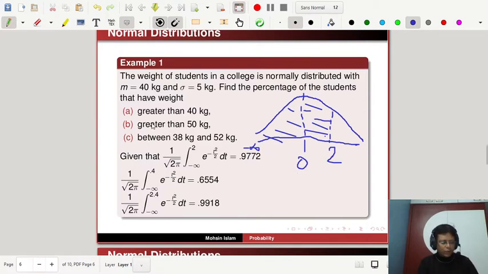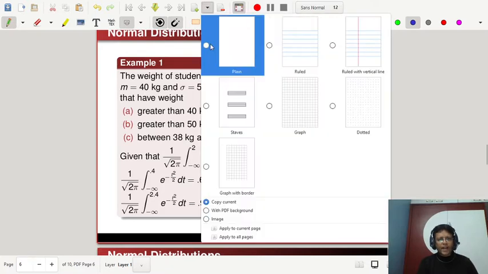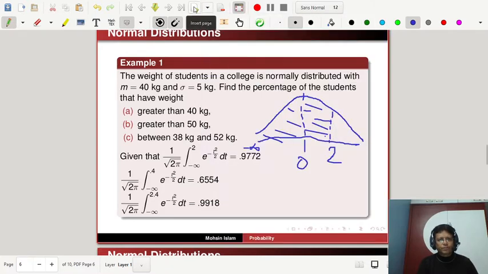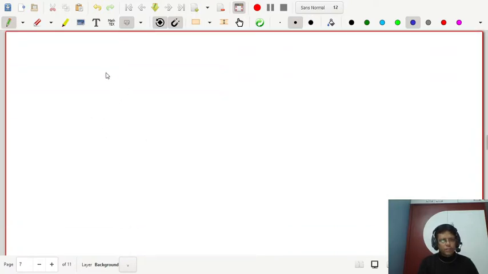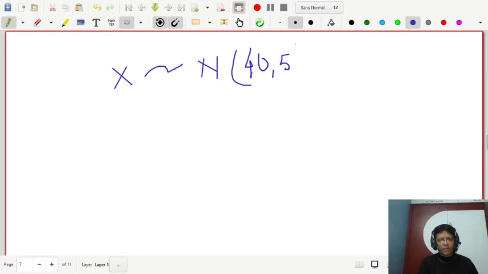So now let us calculate the percentage of students greater than 40. In that case, how will you proceed? Let me write, x follows normal distribution, right? What is the mean? Mean is 40, and what is the standard deviation? 5. So normal (40, 5 square) distribution.